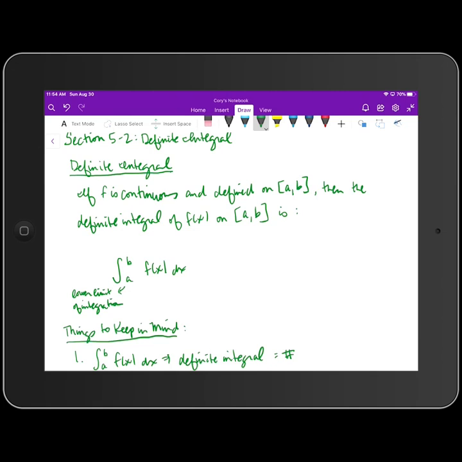So that's going to be the starting point of our interval. The b value on top is going to be what's called the upper limit of integration. F of x is the function that we are integrating.